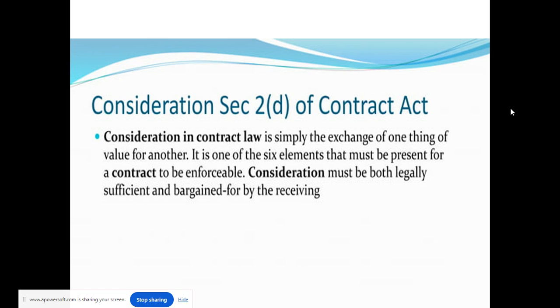There are also certain cases of legal relationships, like a father promising his son to buy a bicycle if he gets first class marks. Many of you have observed such things, or personally felt that your father or mother promised you that if you score good results, they will give you gifts.